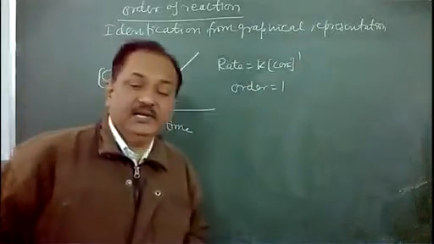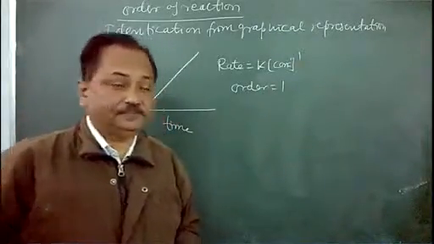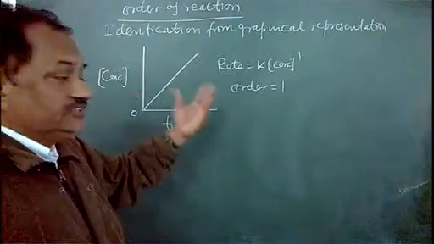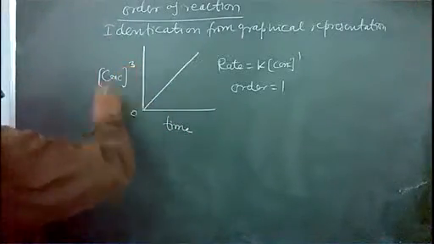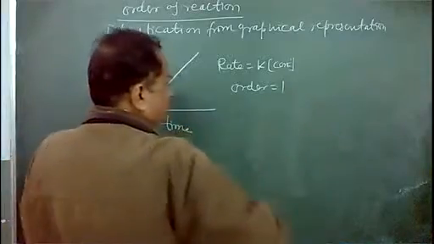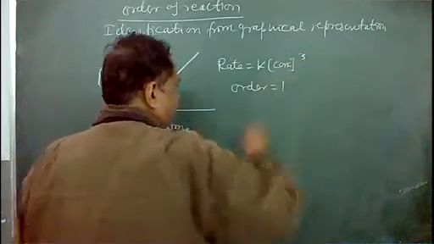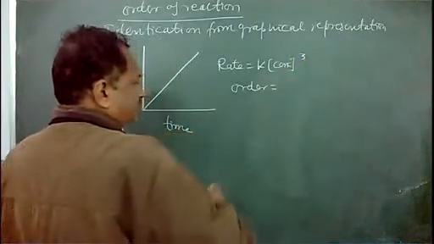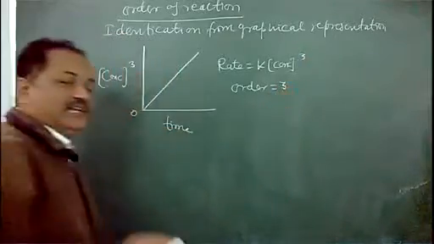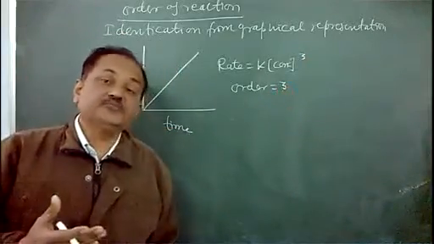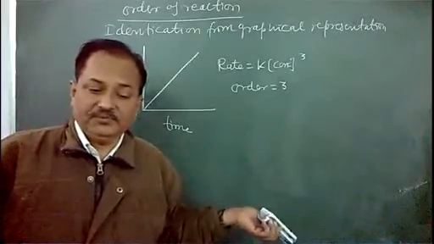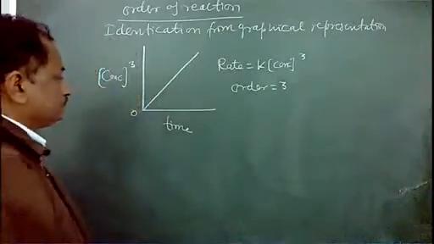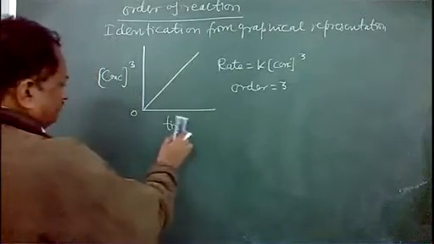So this is the way we identify first order and second order. If it is 3, the concentration term is raised to 3, and the order is equal to 3. I have taken this just as a reference point, irrespective of the number of species.